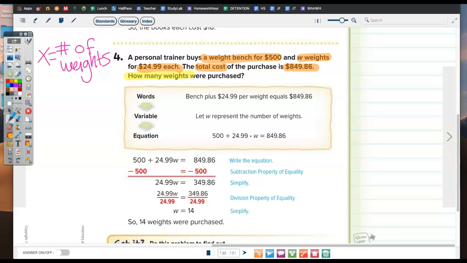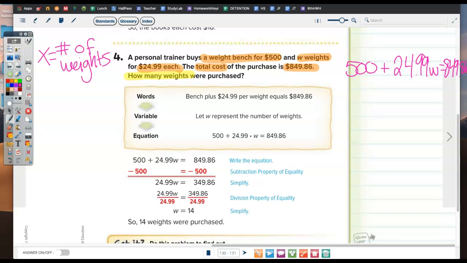Okay? So we're buying a weight bench that's $500. Plus, we're buying weights for $24.99 each. So what would that be? Multiply. I'd multiply $24.99 times what? W. You don't know what it is. But that's going to give me a total of, room again?